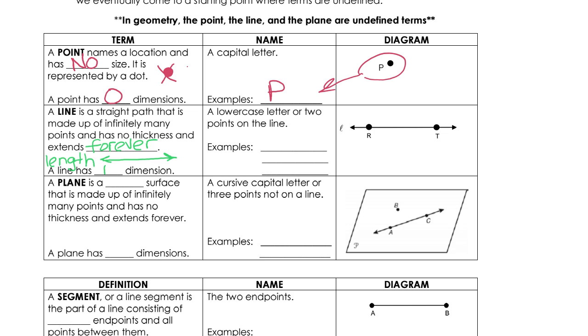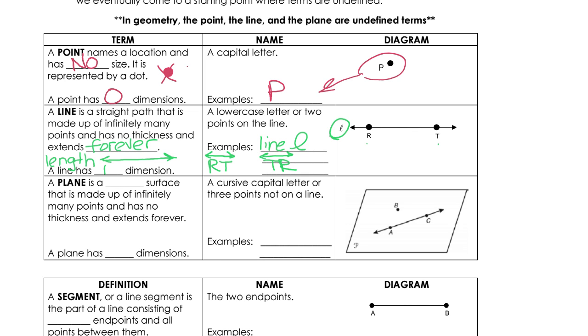A lowercase letter or 2 points on the line will name it. For instance, this little cursive letter off to the side, we could name this line L, or we could take the 2 points that are on it and put them in either order, so RT or TR, but because it is a line, we put the line symbol over the 2 letters.